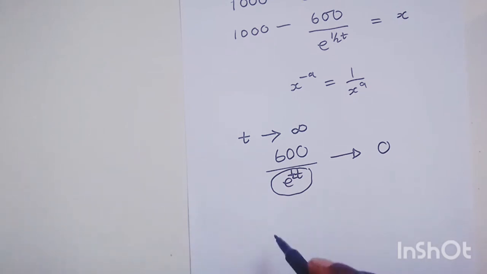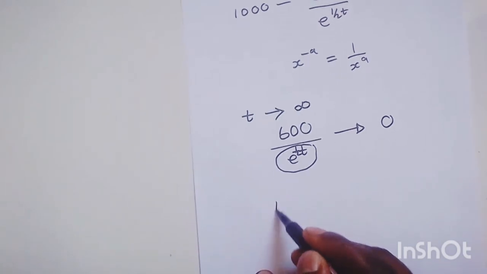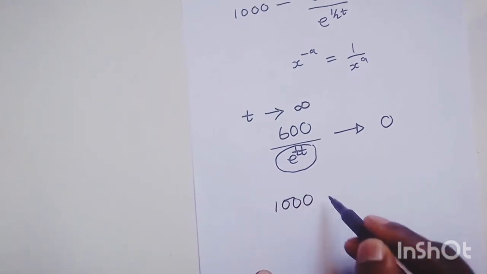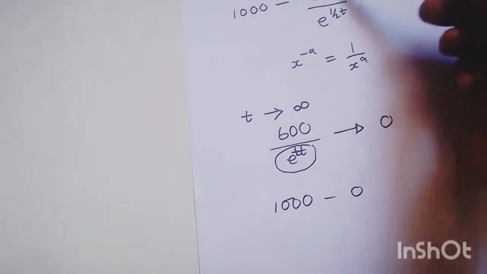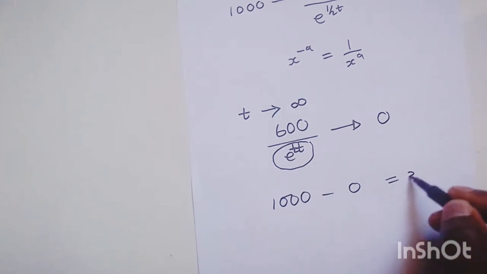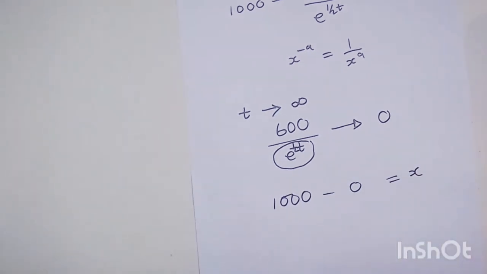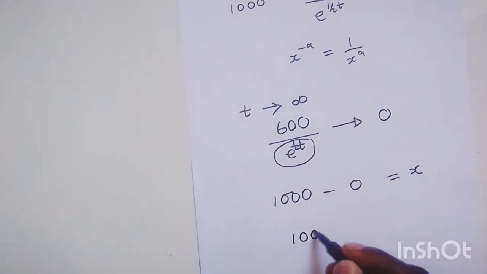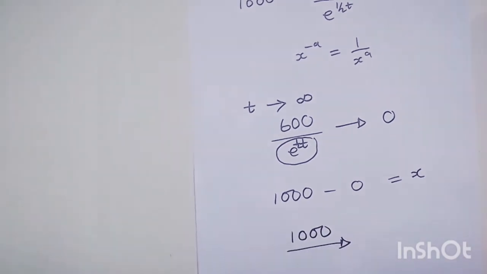So you'll be left with 1000 minus 0, as 600 divided by e to the power of half t approaches 0. So the maximum amount of food that can be found in the hive is 1000, and we cannot exceed this. Why?